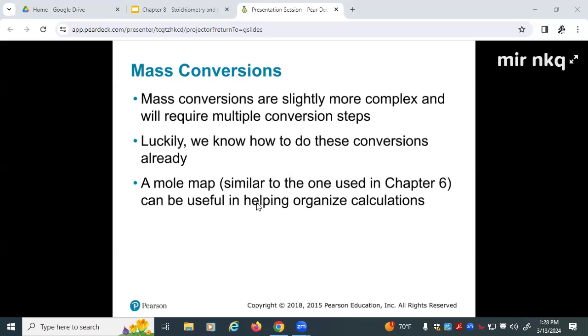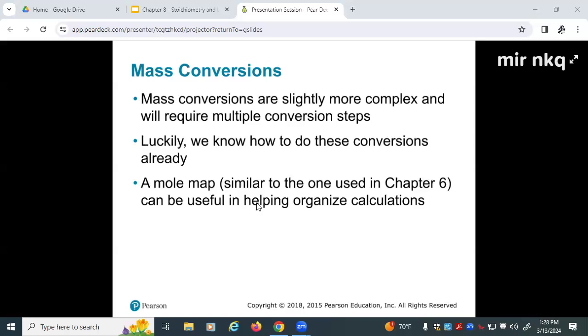But what we're going to end up stitching together is that we can connect any two of the boxes on this map and use dimensional analysis and the calculations that we already know how to do to link them together to solve the problem.